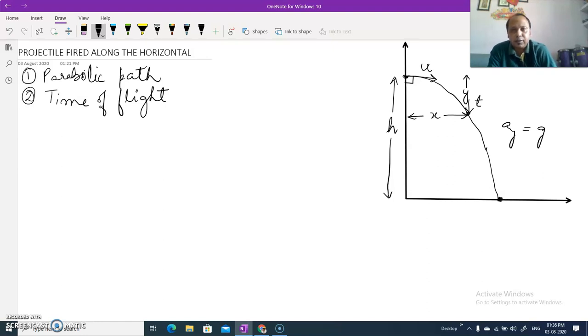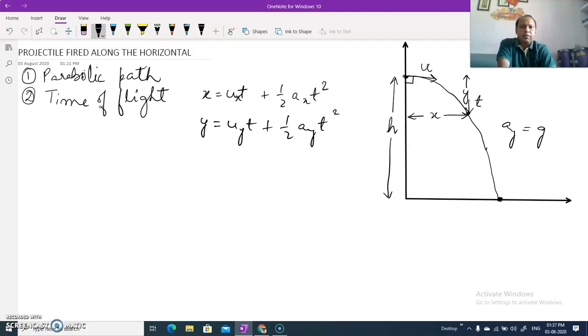So we have the formula x is equal to uxt plus half axt square, right? And for y-axis we can write y is equal to uyt plus half ayt square.